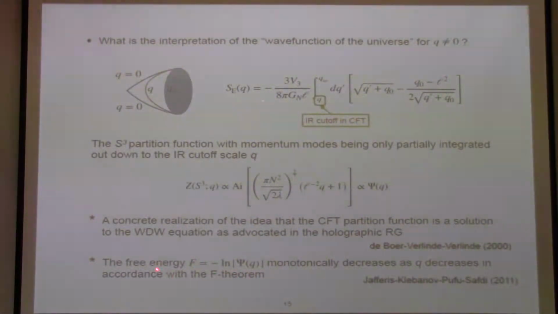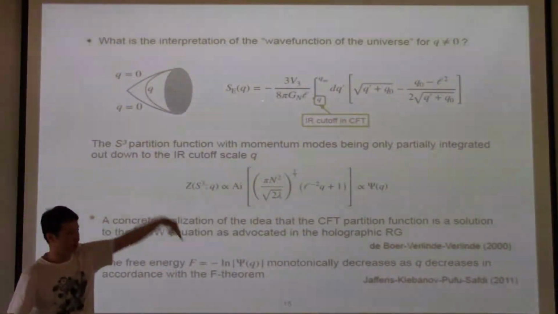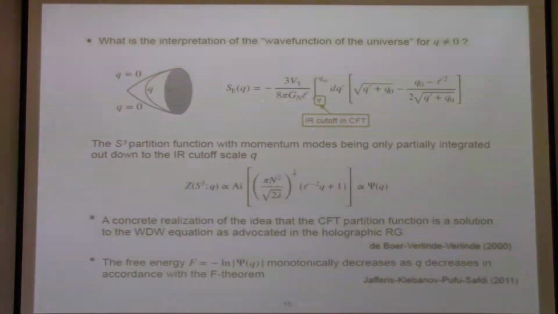And also, if you look at the naive free energy defined by minus log partition function with cutoff, then you see that this monotonically decreases as you go to the infrared, because the Airy function for large argument is monotonic. So this is kind of reminiscent of the F-theorem for the odd-dimensional conformal field theory.